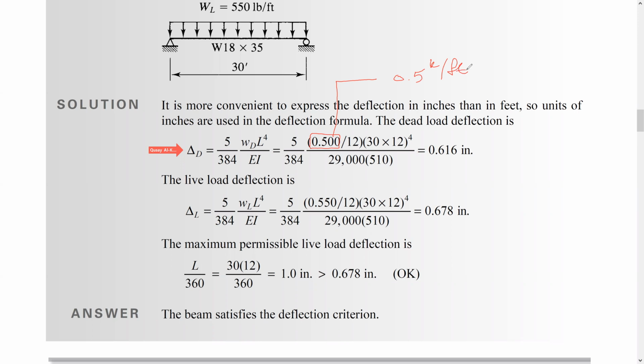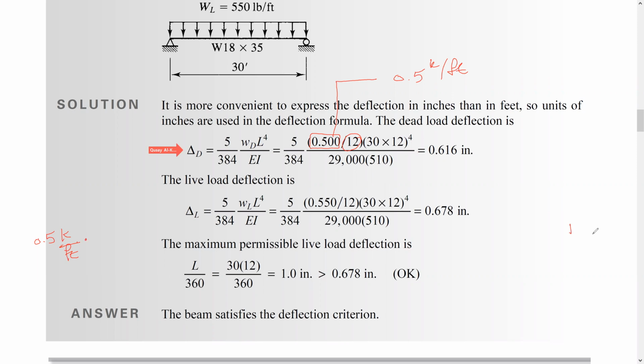Then we will convert it to inches. Why do we need to convert it to inches?